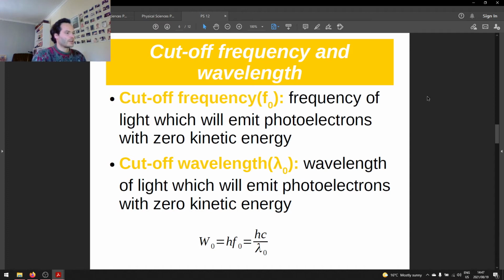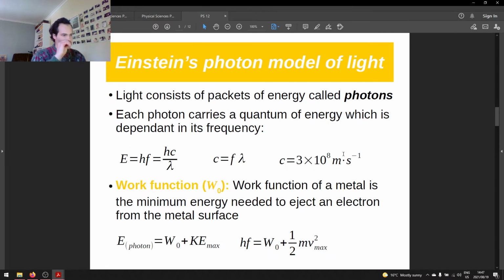If we have a look at my equations here, the energy of a photon is equal to the work function plus the KE max. The KE max, the maximum kinetic energy, that's what I want. So I need the energy of my photon and I need the work function. I'm going to use one of these equations. I can also, like always, rewrite the energy of the photon as hc over lambda.